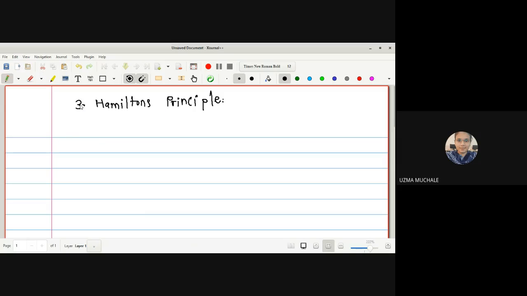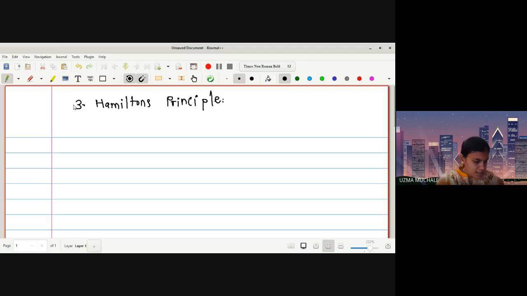So first, let us go for the statement of Hamilton's principle. Consider a dynamical system, a system of n particles, moving from one point to another point within the time interval, say t0 to t1.